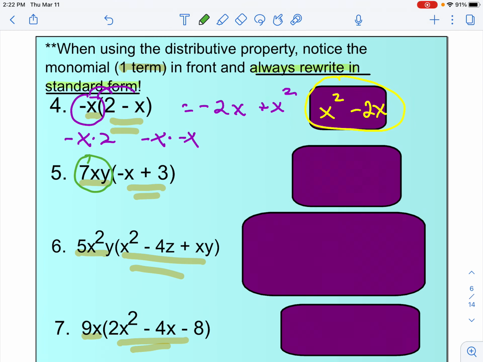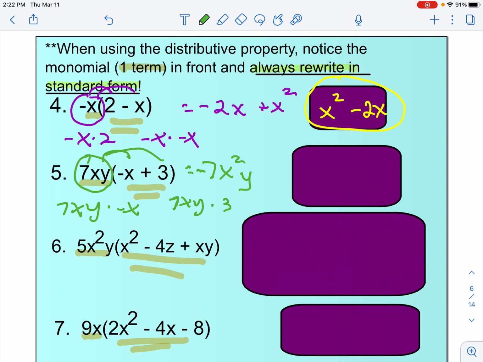So I am taking 7xy times negative x, and that would give me 7x squared y, but notice it's a positive times a negative, so it's going to give me a negative 7x squared y. And now I have to take the 7xy and multiply it with 3.